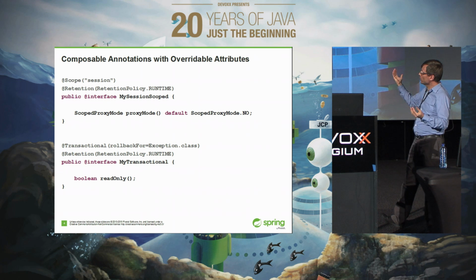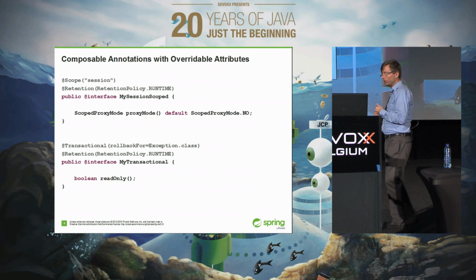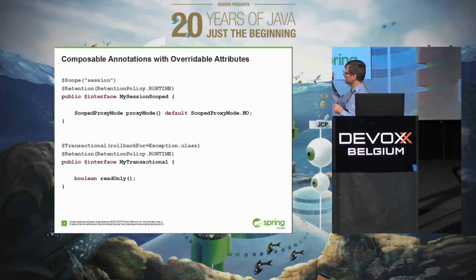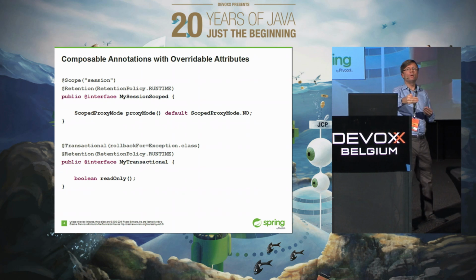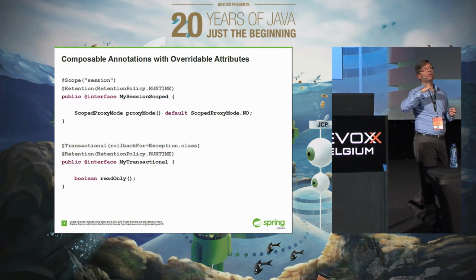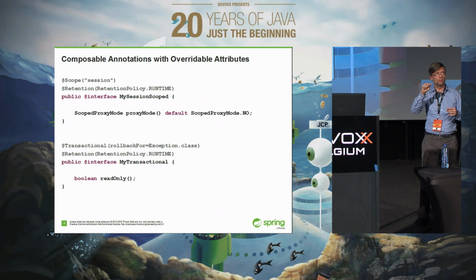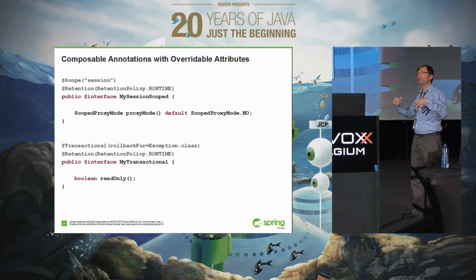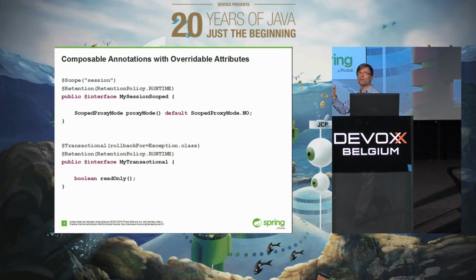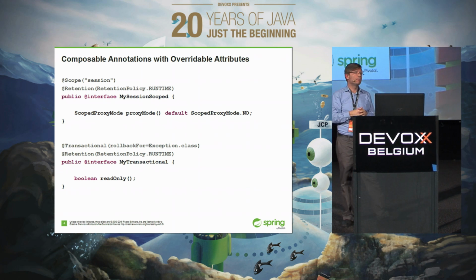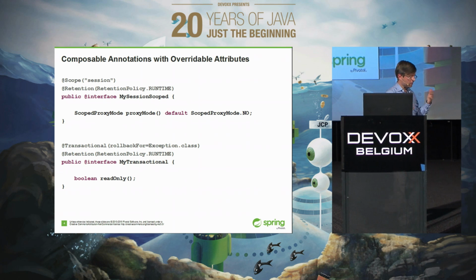So my session scope has an attribute, proxy mode, which mirrors the same named attribute on the Spring @Scope annotation. Through redeclaring it on your own annotation, you allow the users of your annotation to change the proxy mode, to influence the proxy mode. In Spring's scoping, proxying is basically off by default.